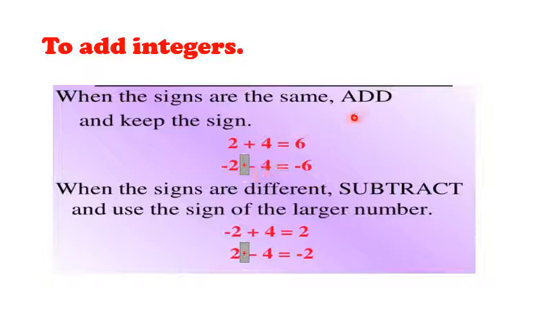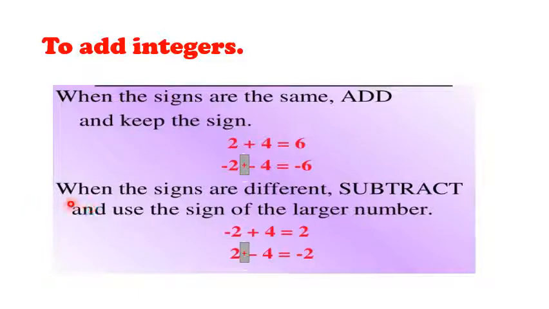So I will add the numbers. I will add 2 plus 4 and find the answer. 2 plus 4 equals 6 and keep the sign. When I keep the sign, that means I will write negative. So the answer will be negative 6. So when the signs are the same, add and keep the sign.